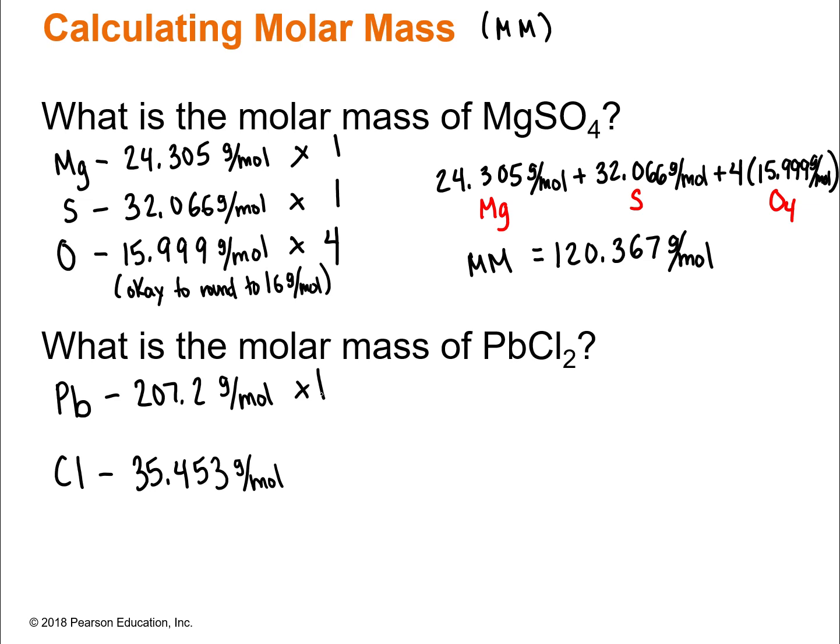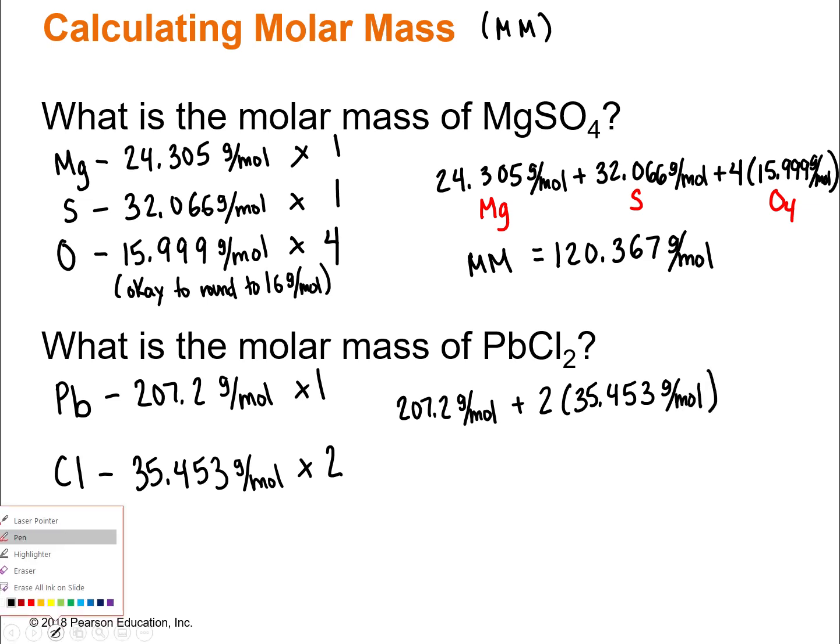We've only got 1 lead atom, but we've got 2 chlorine atoms, so we have to make sure to take that into account.